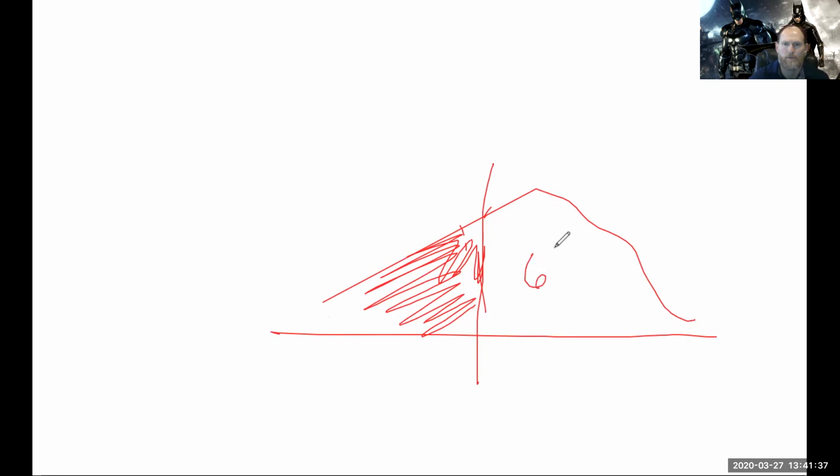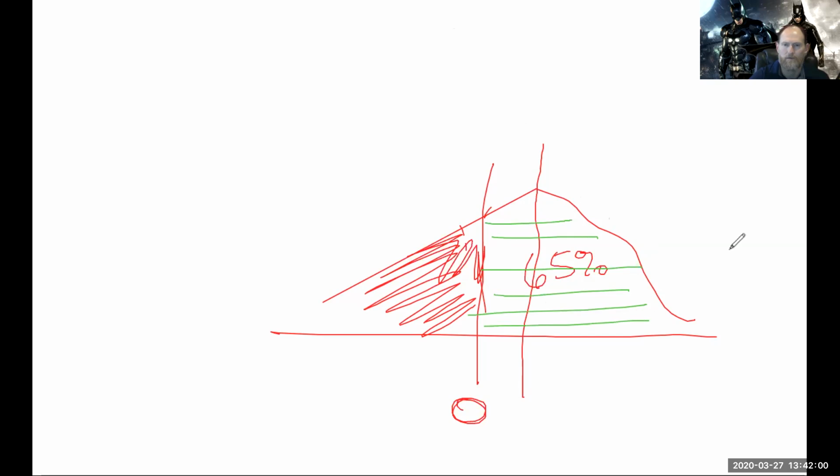So we want this to be 65%. So if the mean is here, that means that this value, 65%, is above. That means this is going to be 35%.